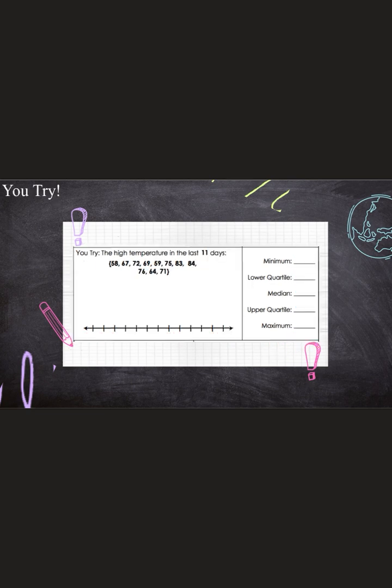Works. So we're going to try one. The high temperature in the last 11 days. All right, so you're going to try this one. You can hit pause for a second and then go ahead and try it and then come back and see how you did. I'm going to go ahead and do it. So I've got 58 and 59.